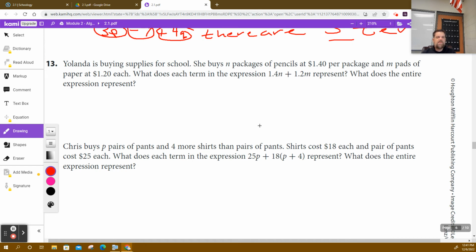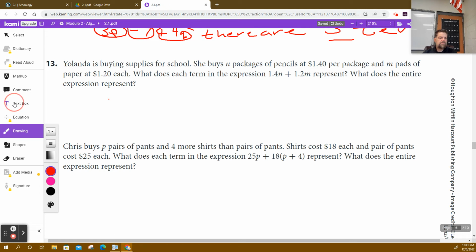It says Yolanda is buying supplies for school. She buys N packages of pencils at $1.40 per package and M pads of paper for $1.20 each. What does each term in the expression 1.4n plus 1.2m represent? What does the entire expression mean?